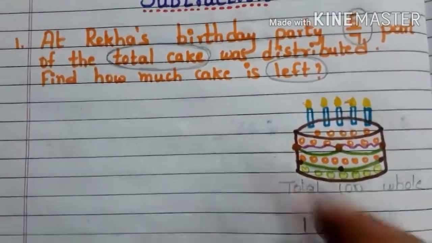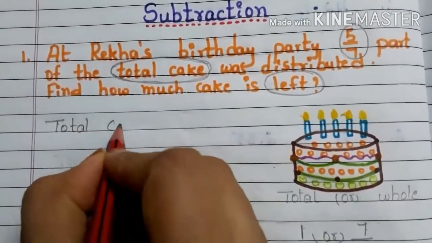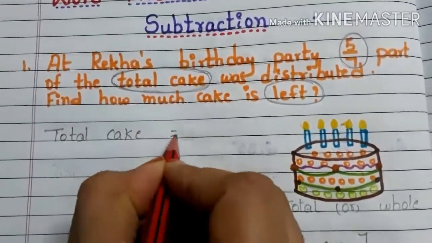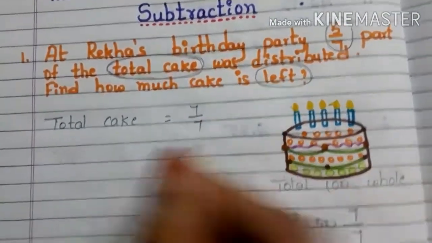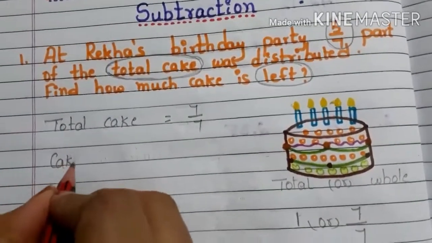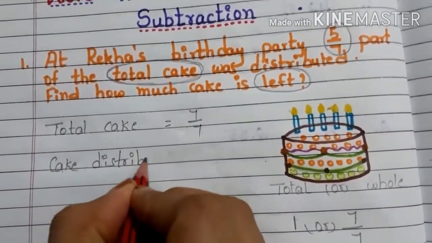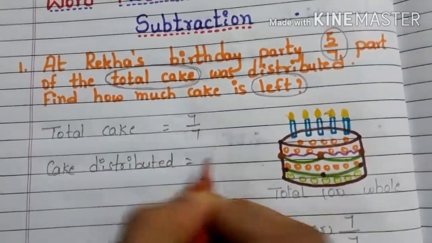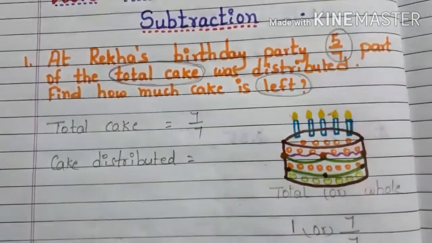Write the sentences here. Total cake is equal to 7/7. Okay. Cake distributed. See, 5/7 part of cake was distributed, right?